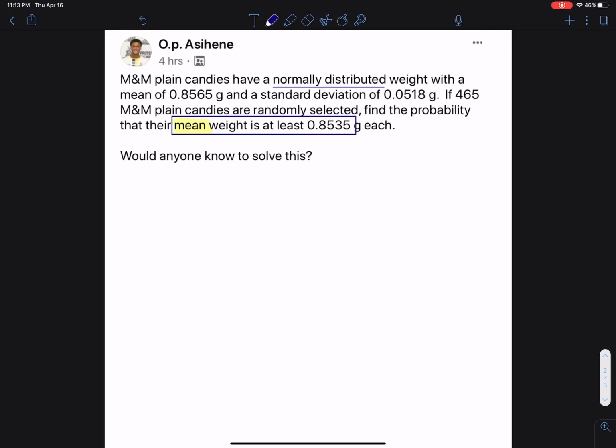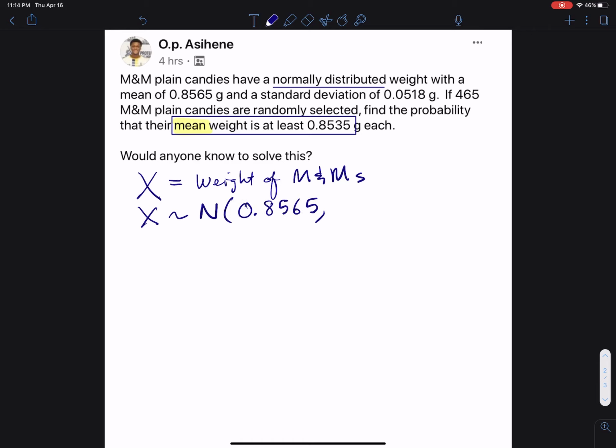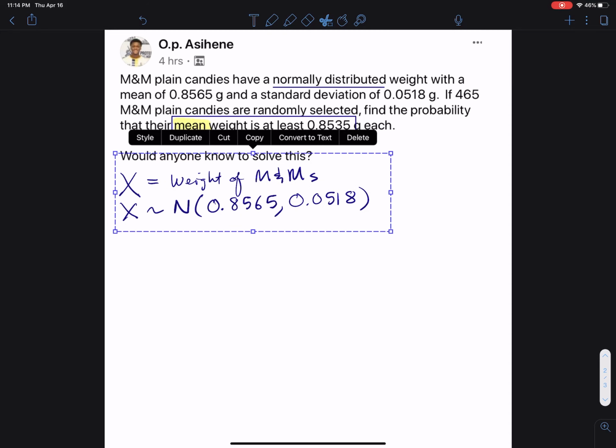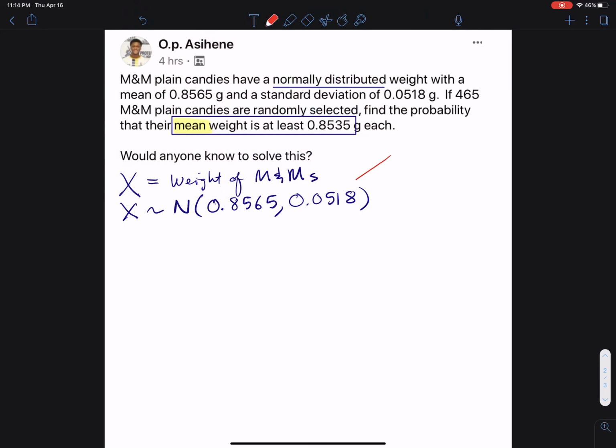So we can say that we have a variable x which equals the weight of M&Ms. Furthermore, x is normally distributed with the mean 0.8565, standard deviation 0.0518. So this describes what the random variable is and its distribution.